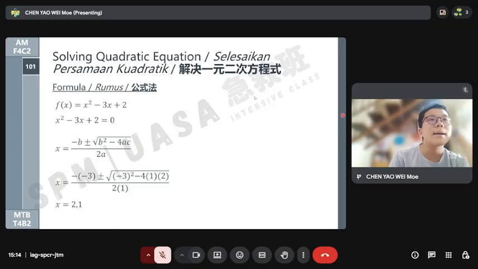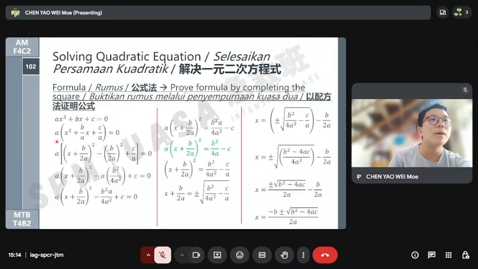And by using completing the square, I can prove this formula: x equals minus b plus minus the square root of b squared minus 4ac, divided by 2a. The first job you want to do, you make this first, right?